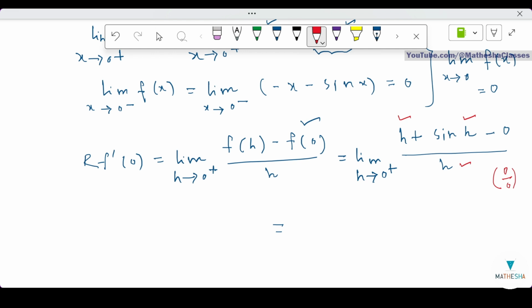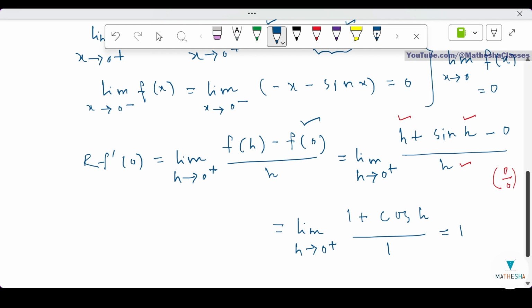For this indeterminate form, we can use L'Hopital's rule, differentiating the numerator and denominator. Differentiating the numerator, we get 1 plus cos h, and differentiating the denominator we get 1, and by putting h to be 0 we get the value 2. So that is the value of the right hand derivative of f at 0.